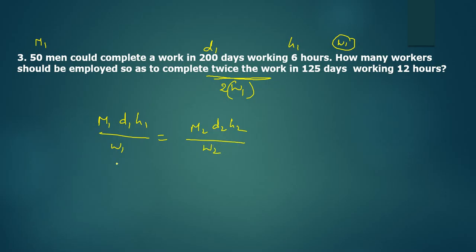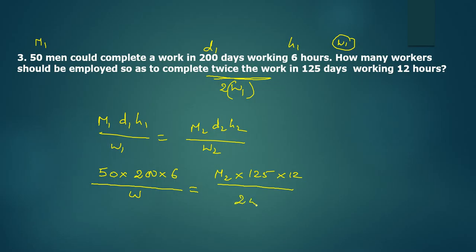Now M1 is given as 50, days is 200, H1 is 6. Consider W1 to be W. M2 is what we have to find. Days 125, hours 12, divided by twice the work, so 2W.